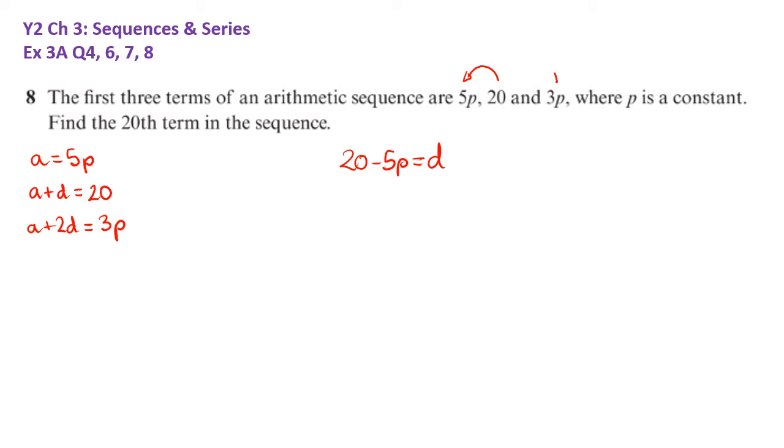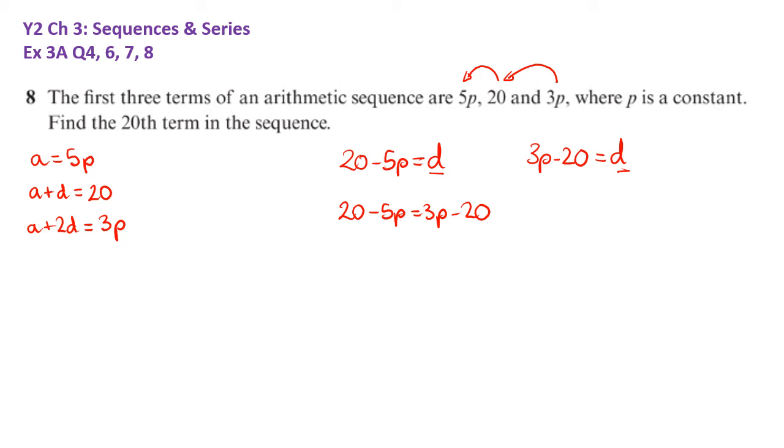And if I did 3p minus 20, that must also be my common difference. Now, if that's my difference and that's my difference, then these two things must be equal. So I must get 20 minus 5p equals 3p minus 20.